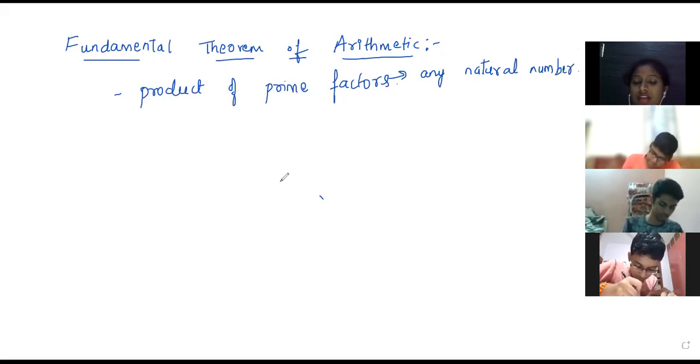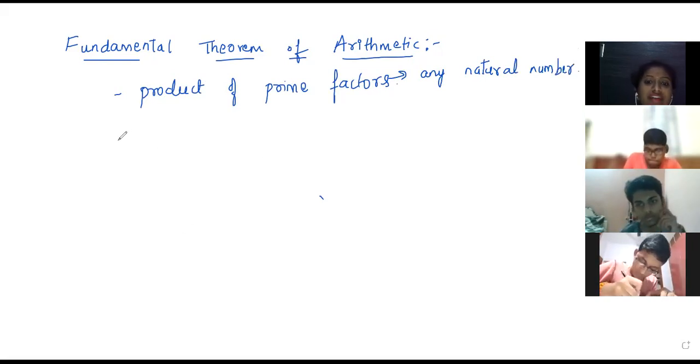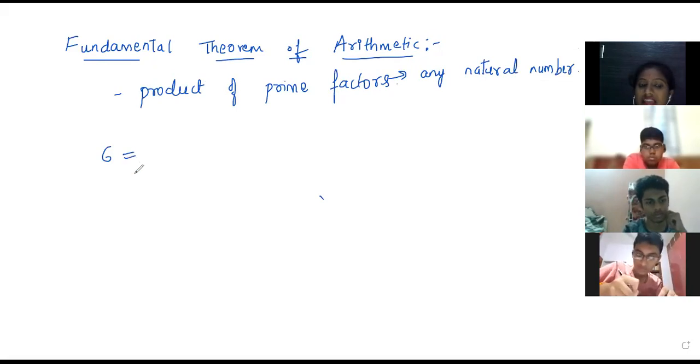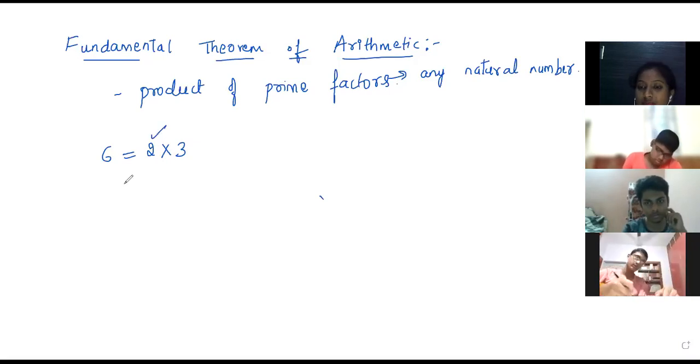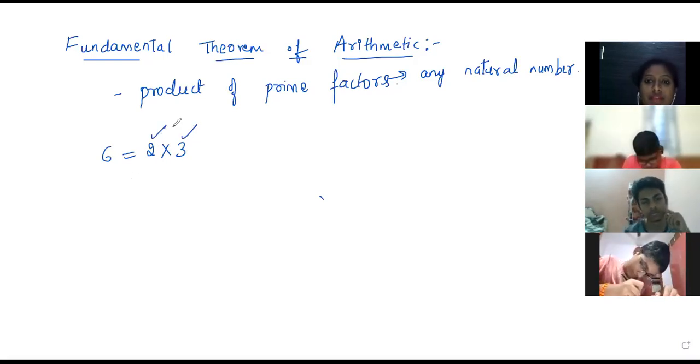Let's take an example. Let's say I take 6. I can factorize it as 2 into 3. 2 is a prime number and 3 is also a prime number, correct?